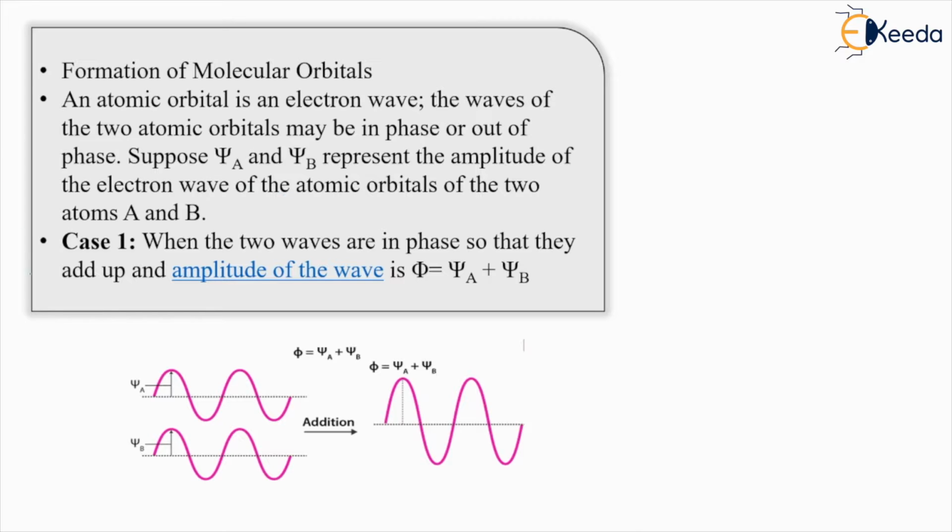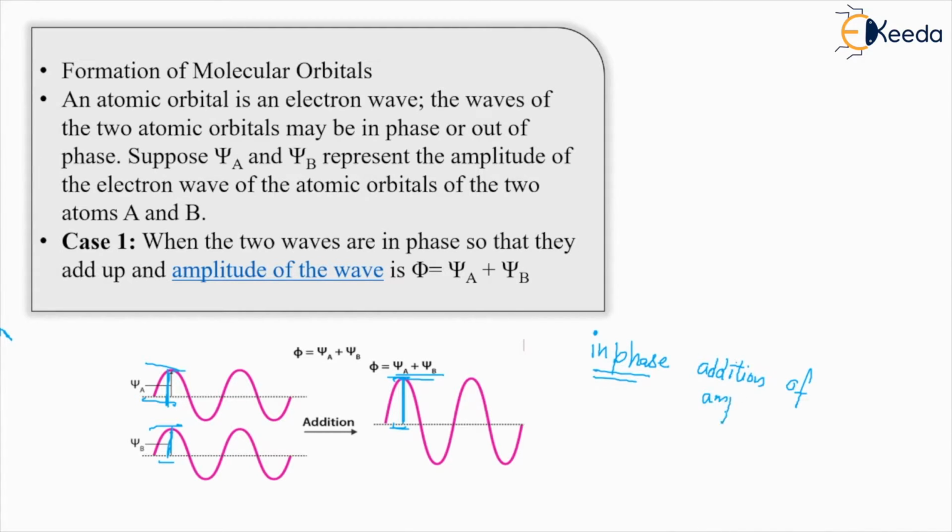If this is the amplitude of A, this much is the amplitude of B. Over here the resulting amplitude is psi A plus psi B. So when they are in phase, make sure to remember this: when they are in phase, there is addition of amplitude.